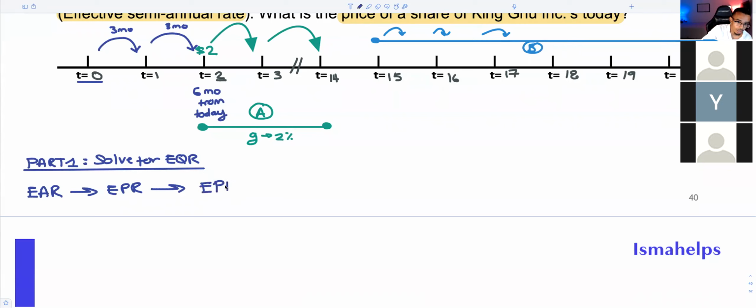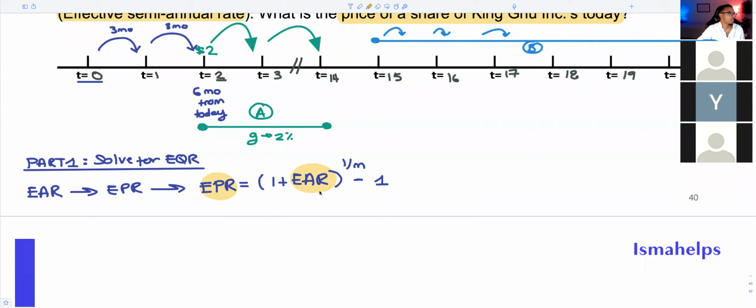Our effective periodic rate is equal to 1 plus our effective annual rate to the power of 1 over m, minus 1. We were moving from one effective rate to another. And simply what we did is we just did 1 over m.